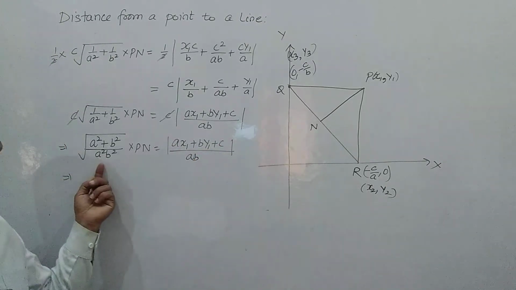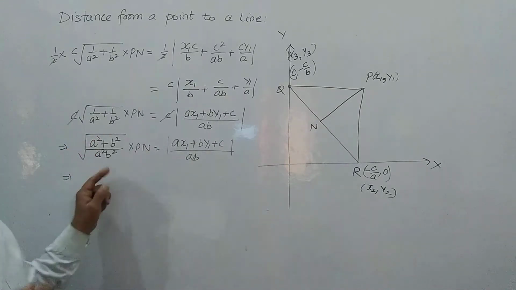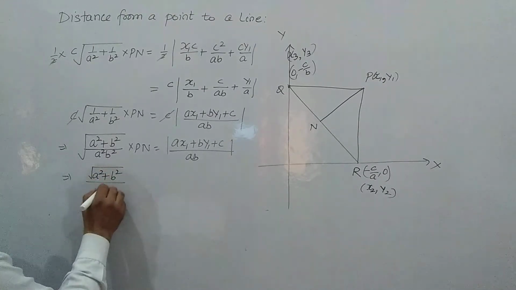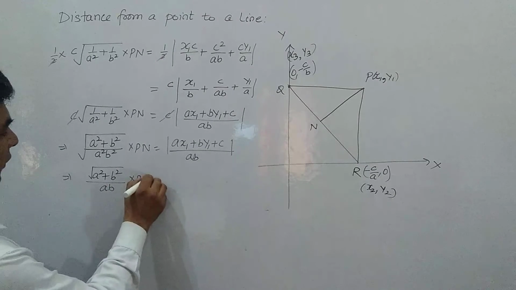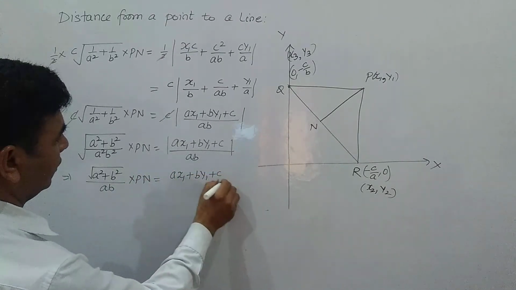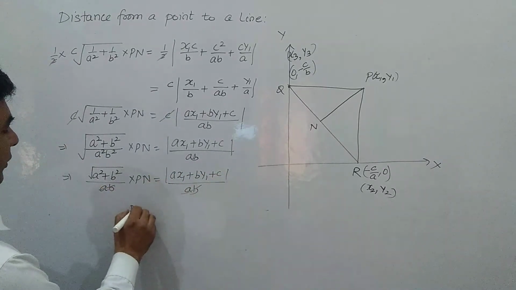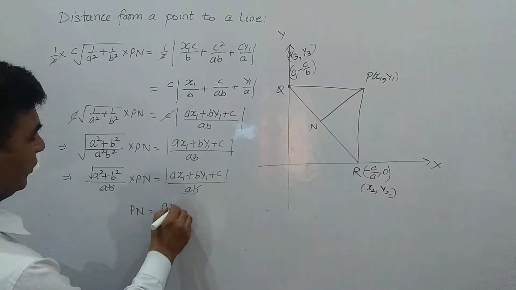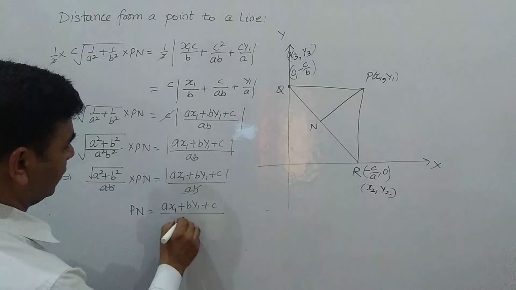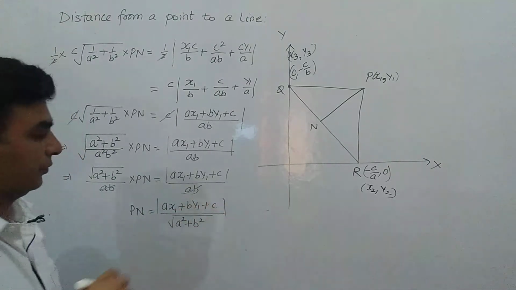Dear students, because A square and B square are both given, and the square root is also there, this can be written as A square plus B square under the root upon AB multiplied by Pn will be equal to AX1 plus BY1 plus C upon AB. This will also cancel. So Pn will be given by AX1 plus BY1 plus C over A square plus B square under the root, and the modulus is also there.